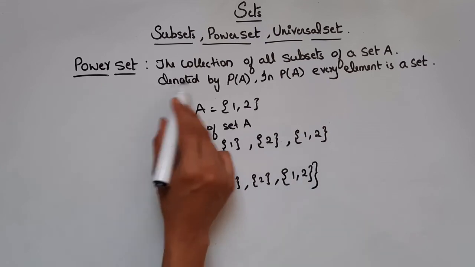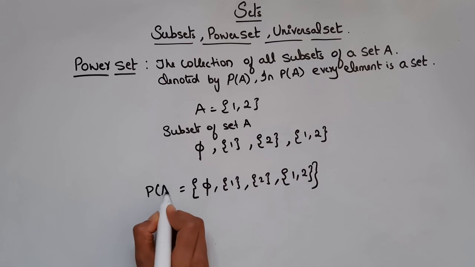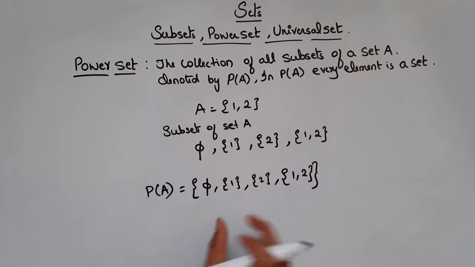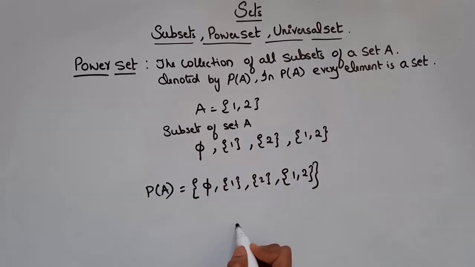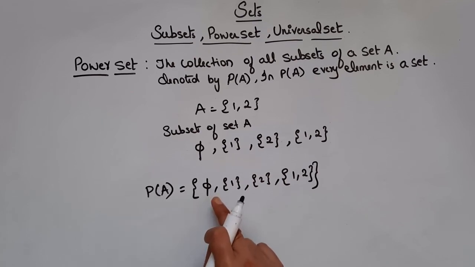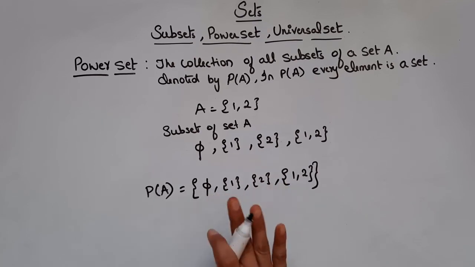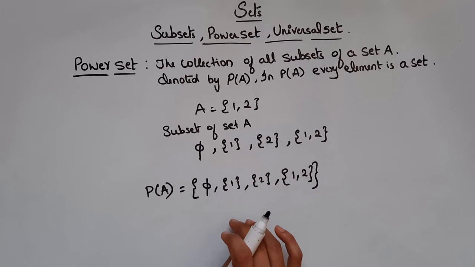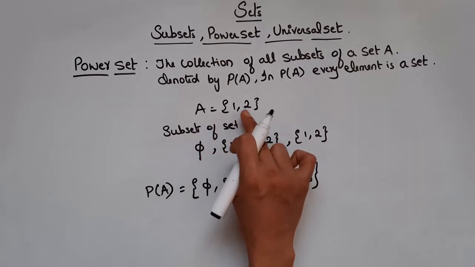So the power set is denoted by P of A. So the power set is the set of these subsets of set A. So here the number of subsets in the power set are 1, 2, 3, 4. We have 4 subsets.